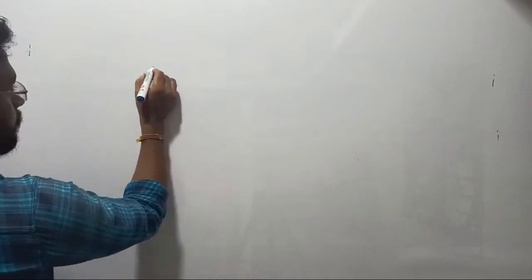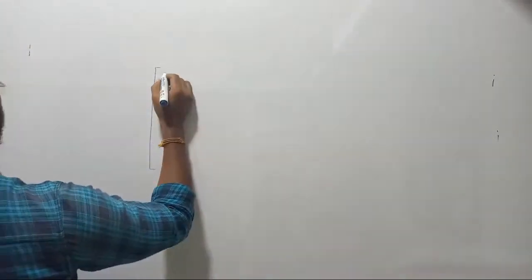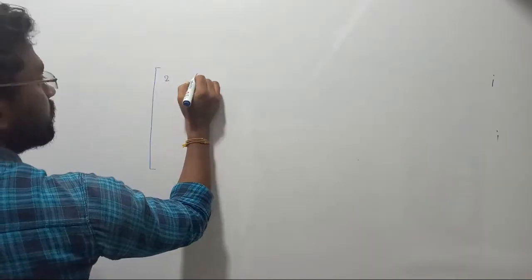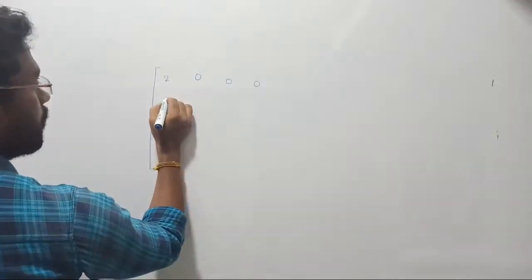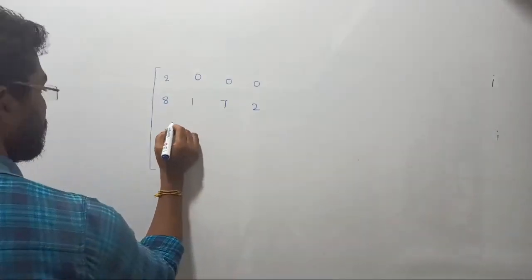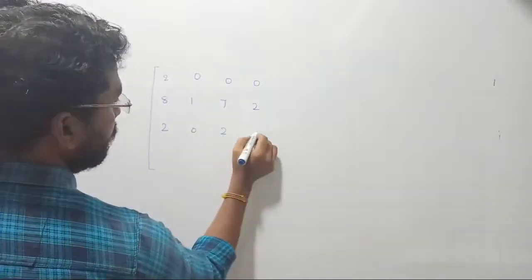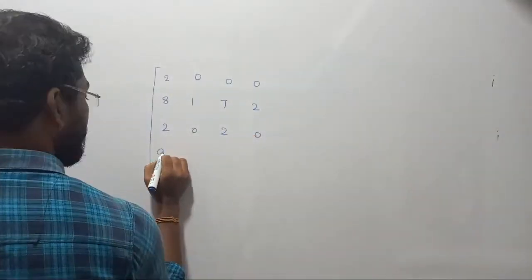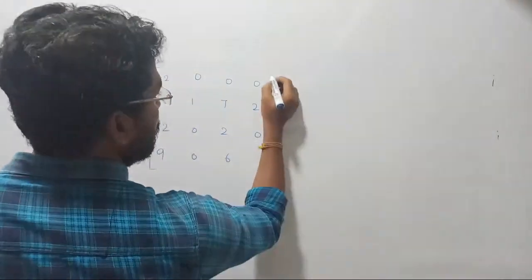They said there is a 4 cross 4 matrix, that is 2 0 0 0, 8 1 7 2, and then 2 0 2 0, and then 9 0 6 1.